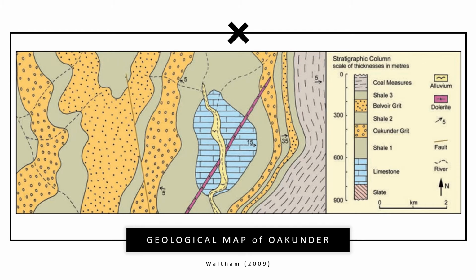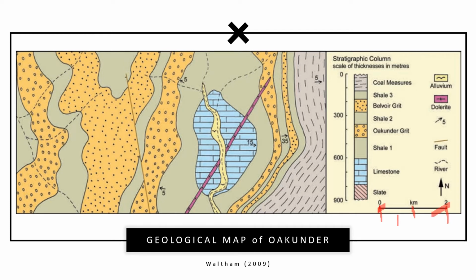So as we can see on the left side of our map, the stratigraphic column states the scale of the map. The units of the scale are represented in kilometers. From this point to this point, it is 1 kilometer, and from this point to this point, it is 2 kilometers.